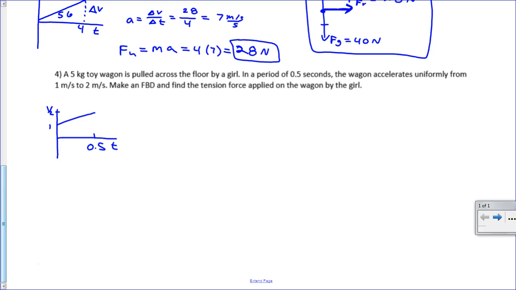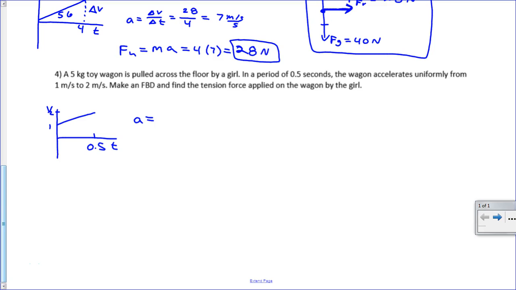So what we're going to do here is try and find the acceleration from this. We care about the acceleration because then we can use the Fu equals ma equation. So some people go here and they're like, oh, I can find the distance traveled here. You could find the distance traveled, but we actually don't really care about that in this problem. We're trying to get to the forces, and the way that we get to that is by finding the acceleration, because then we can use Fu equals ma.